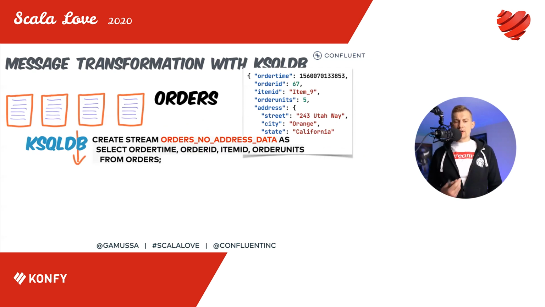So we're creating a new stream from an existing stream, eliminating the fields that we don't need and keeping the fields that we do need. In this particular case, you see we're querying the original stream and extracting only the data that we need. So the new stream will not have this information about the orders.